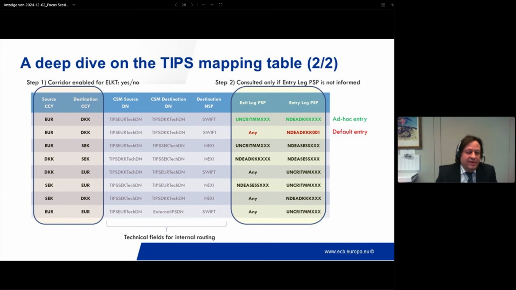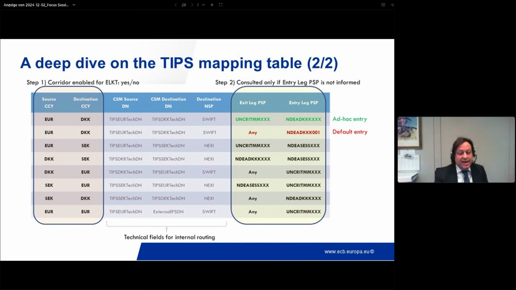Besides a number of technical fields that I will not describe in much detail, of course, we would need some distinguished name and some network provider information just to allow the transfer of the messages from one component to the other. What is really relevant in terms of cross-currency settlement are the two parts on the left and right-hand side of the table.